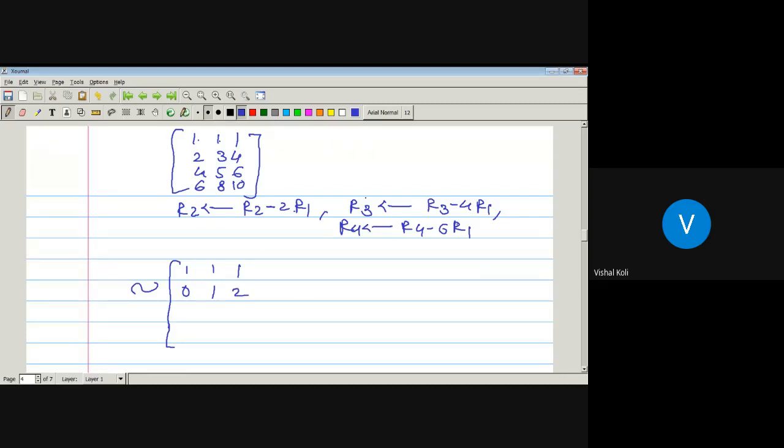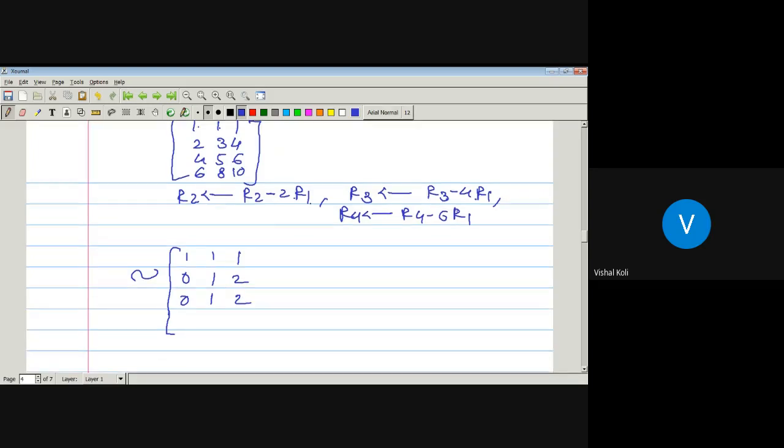Now R3 is changing to R3 minus 4 times R1. It means we have to multiply the first row by 4 and then subtract from R3. 4 minus 4, which is 0. 5 minus 4 times 1, which is 5 minus 4, 1. 6 minus 4 times 1, sorry, 6 minus 4, 2.